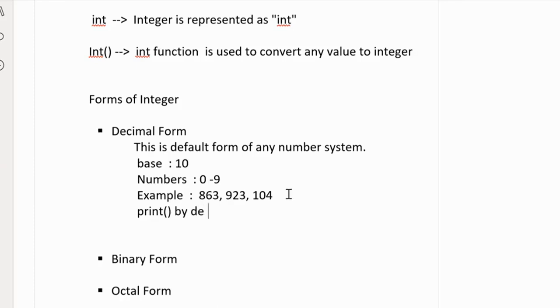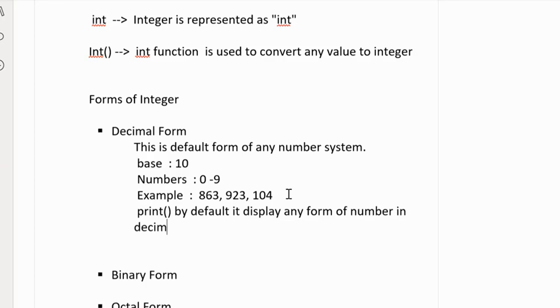Not to worry, we are going to see this. This is about the decimal form.